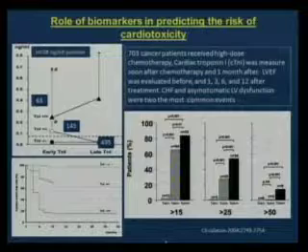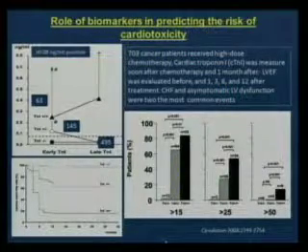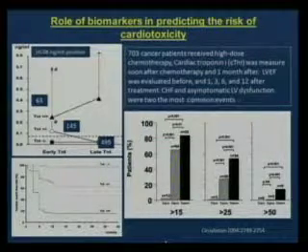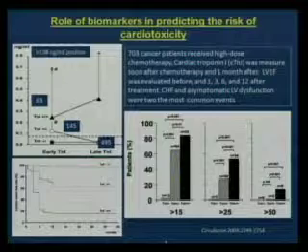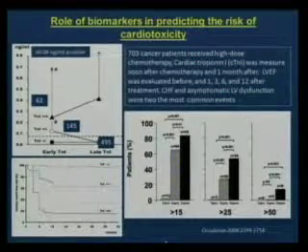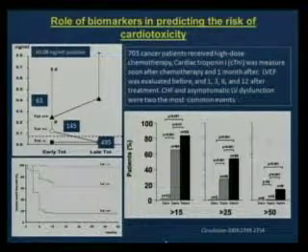What did they find when they followed these patients for almost 42 months? Those patients with both negative did just fine. They didn't have cardiovascular events. But those who were positive before and after chemotherapy, troponin I positive, did not do well.